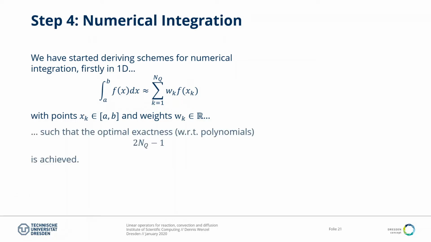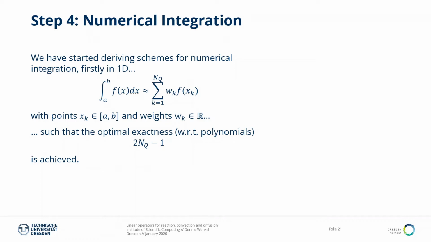And we have tried to find those rules in a way such that they achieve optimal exactness in the sense of polynomial integration. So we always talked about how high of an order of polynomials can be integrated exactly using a certain number of points. And then there was this upper limit.